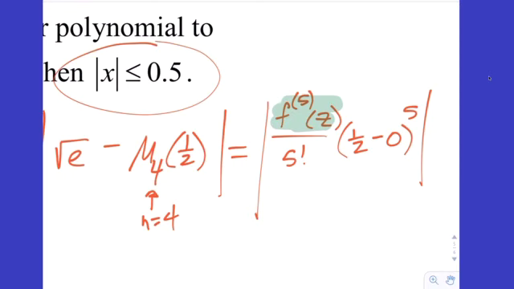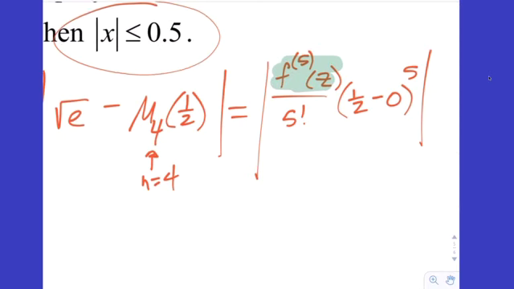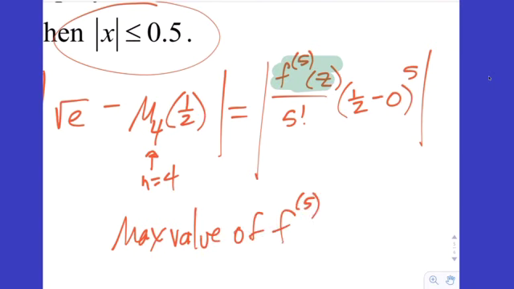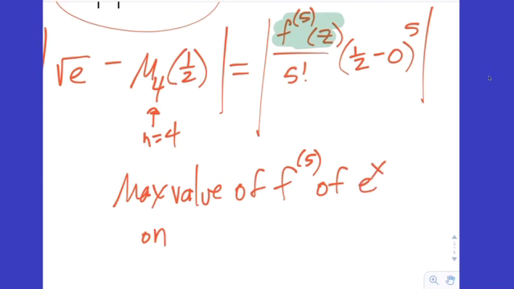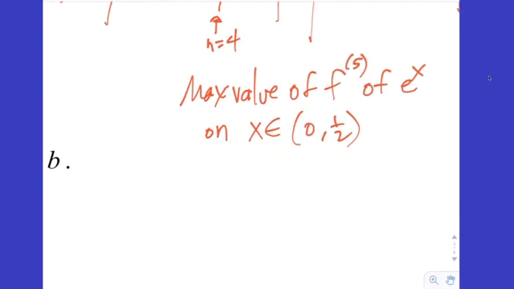If I can find the maximum value, I want to find the maximum value of the fifth derivative of e to the x on the interval between the center and the value of x, which are these two numbers right here. So on the interval from 0 to 1/2. Well, again, without a calculator, let's look at it.